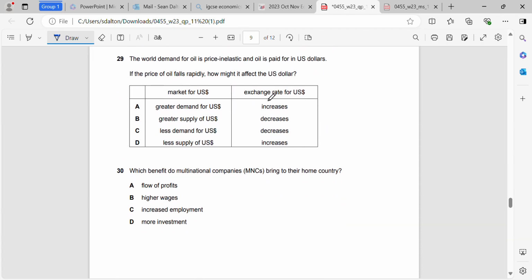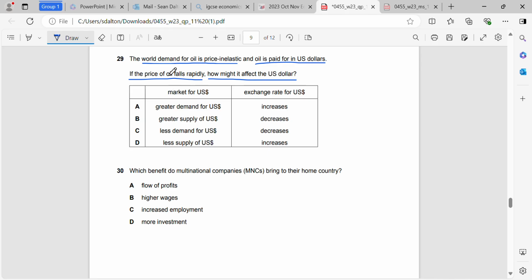Okay, last two questions. The world demand for oil is price inelastic and oil is paid for in US dollars. If the price of oil falls rapidly, how might it affect the US dollar? Okay, so you need to revise your exchange rates for this question.